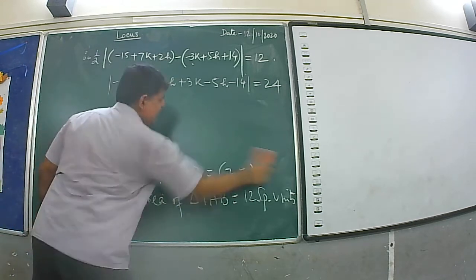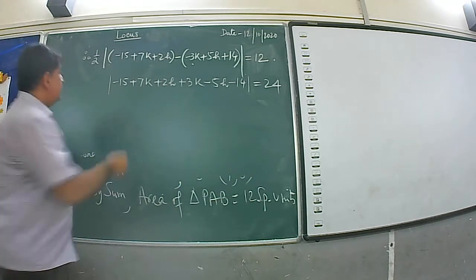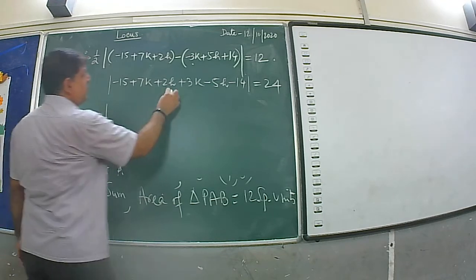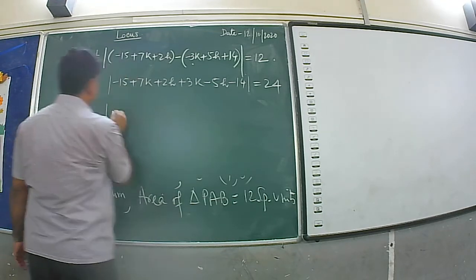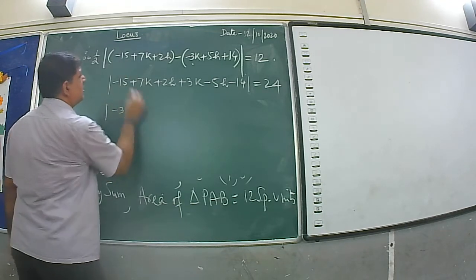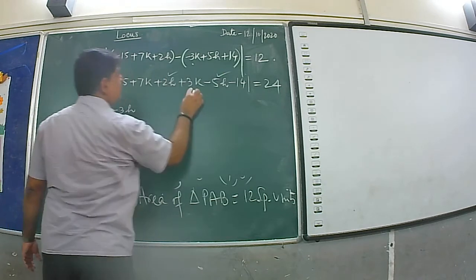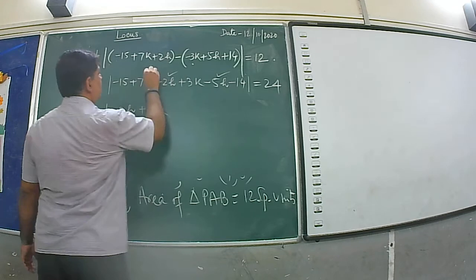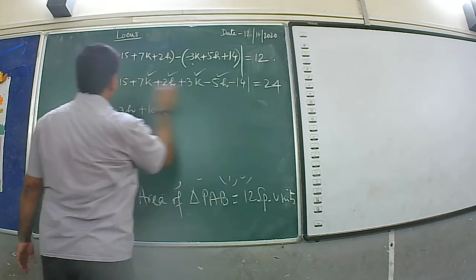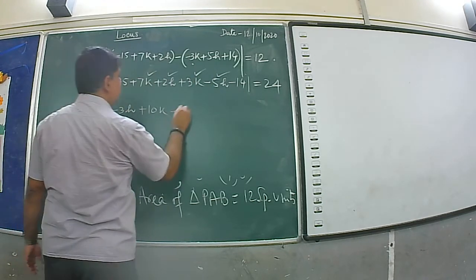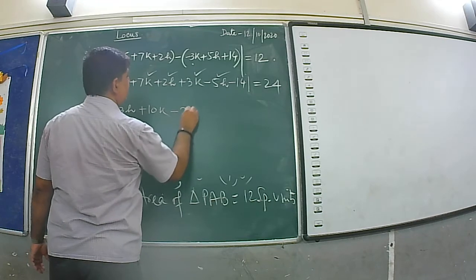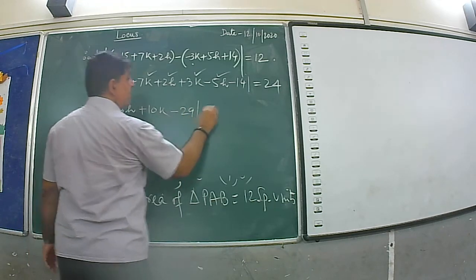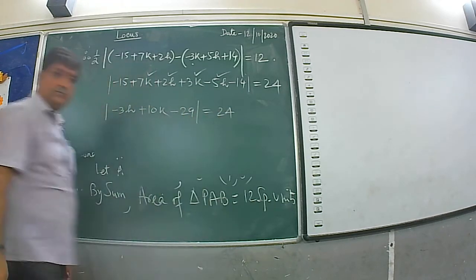You see here, that is mod. Here you are getting 2h and minus 5h, that is minus 3h. Then 7k and 3k, so plus 10k. And the remaining minus 15 and minus 14, that is minus 29. Mod closed is equal to 24.